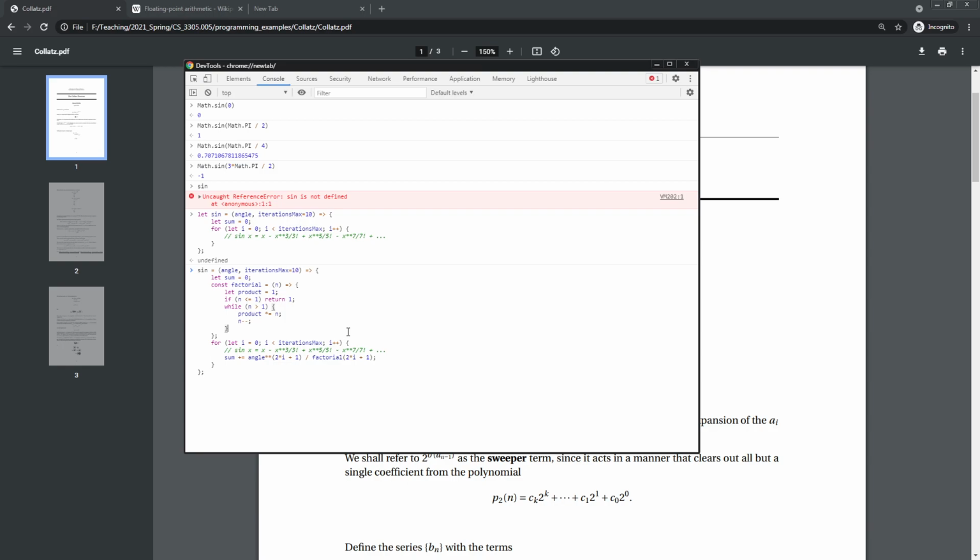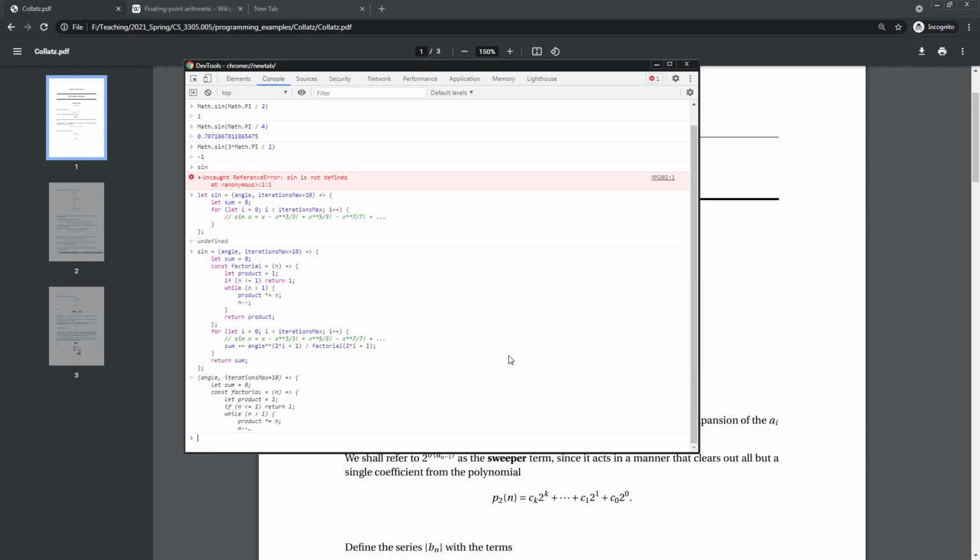And so we exit the loop, and then we return our product. So we now have a factorial function, which is great because we're going to use it right here. And then we create our sum from that. And then once we've reached our maximum number of terms, our max iterations, then we exit the loop and return that value. So now we return sum.